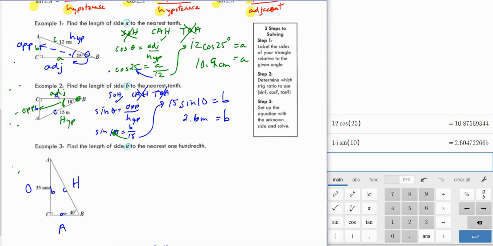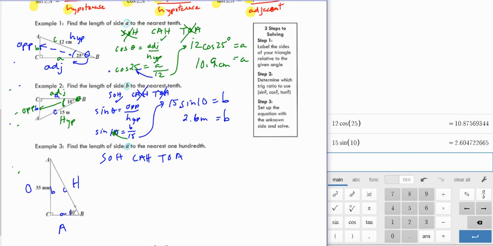Now we're going to go through SOH CAH TOA again, decide which one we can use. Well, we're trying to solve for A, and we have B. Now A is the adjacent, and B is the opposite.